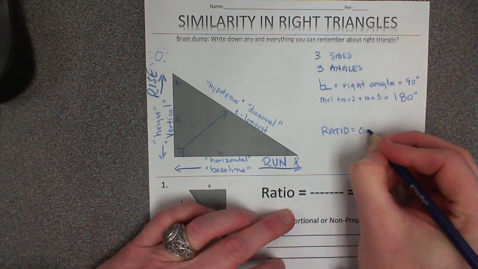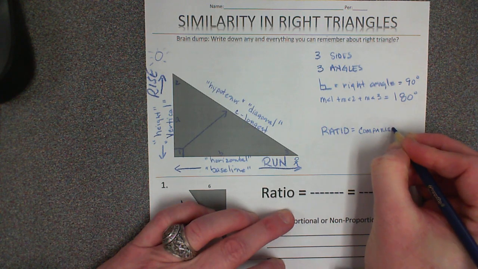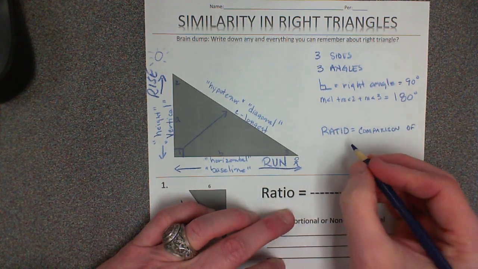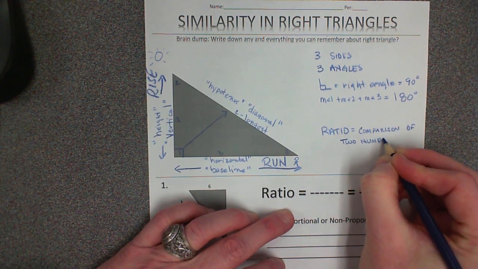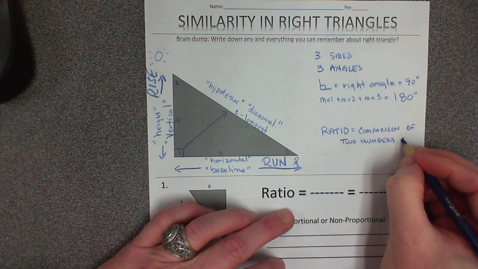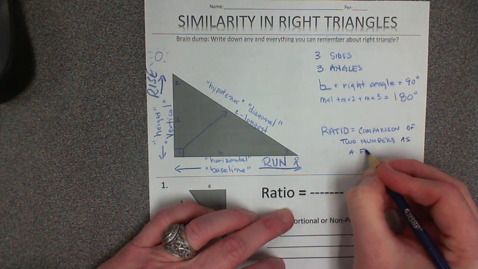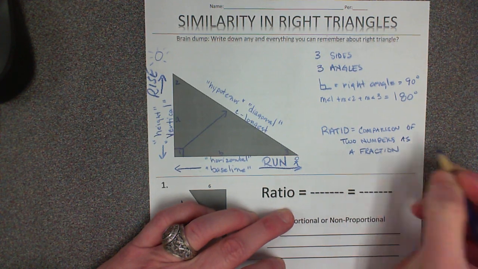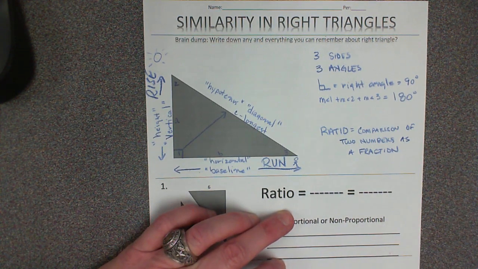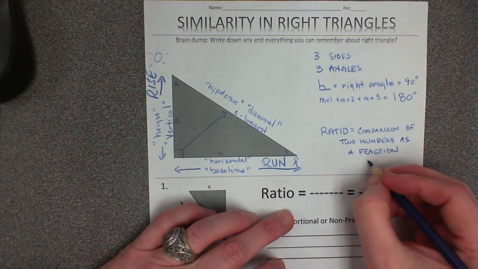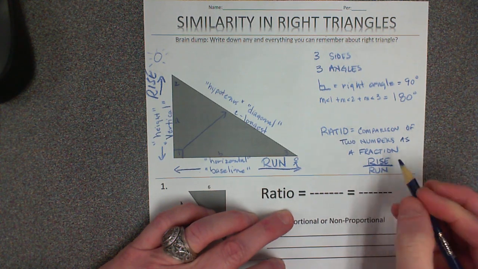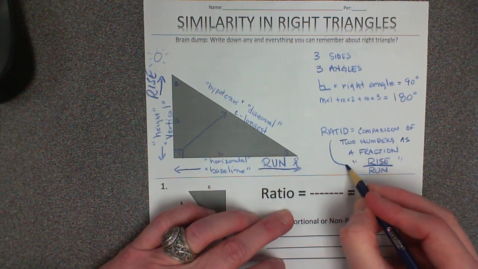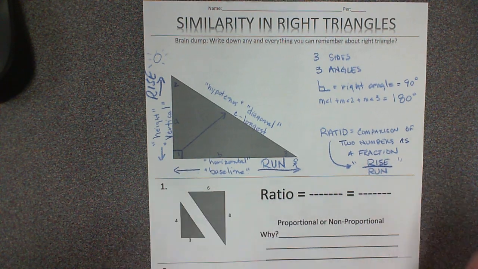A ratio, in this case, is a comparison of two numbers as a fraction. And that fraction that we're going to learn about is called rise over run. Rise over run.